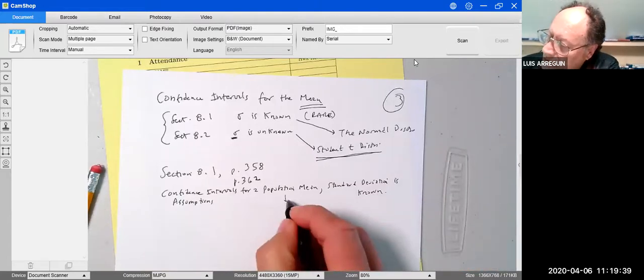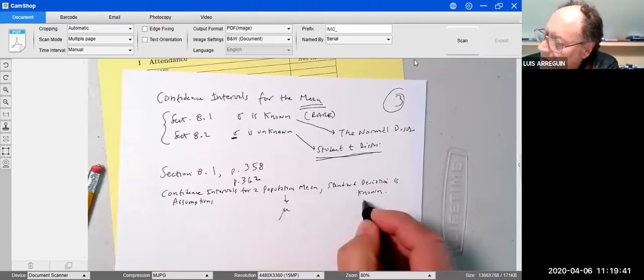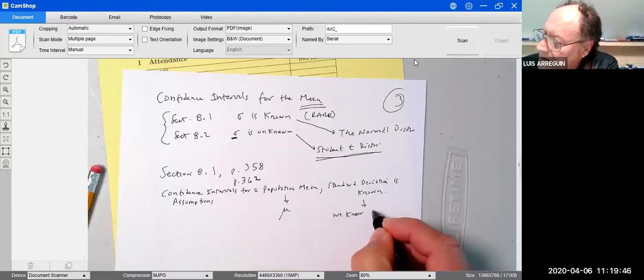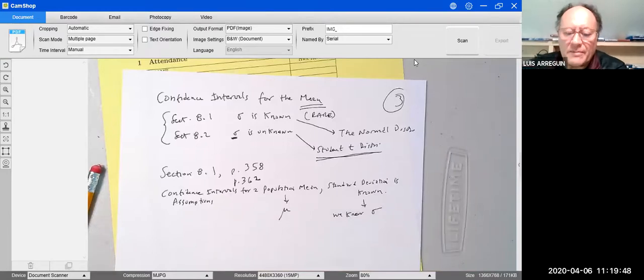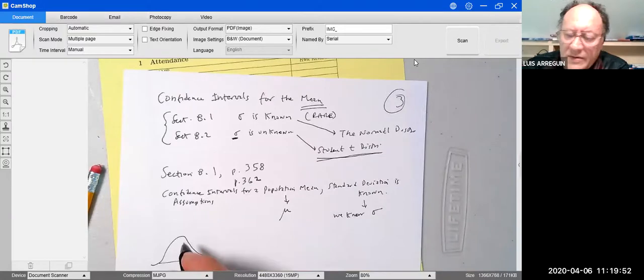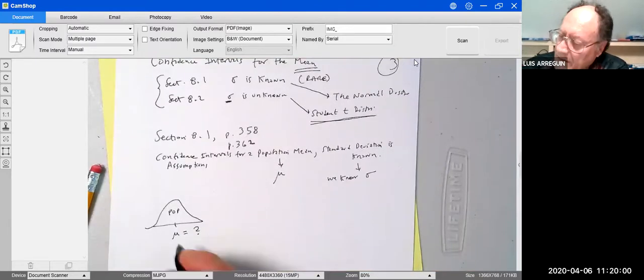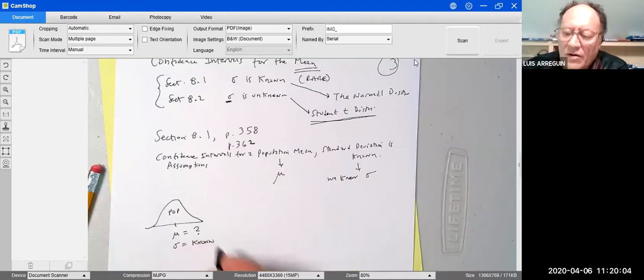So we want to know the mean, but we know the standard deviation of the population. So this is our population. The mean is not known, but the standard deviation is known.